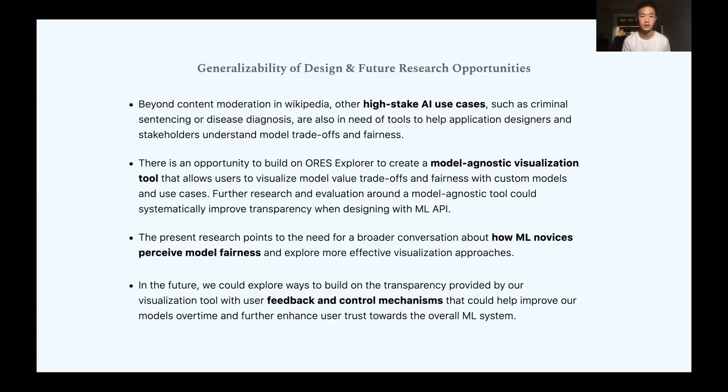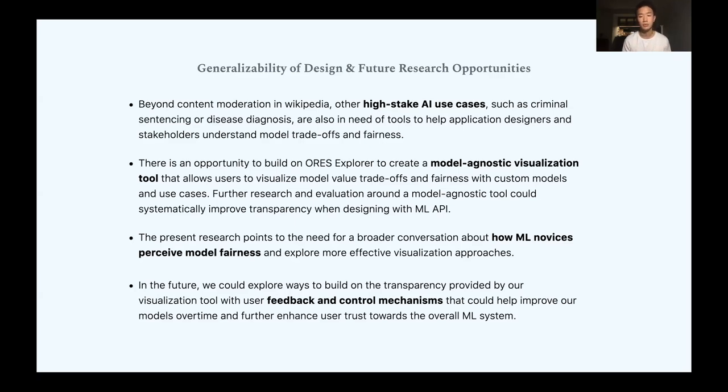And stakeholders, for example, including judges or doctors, that will work with the AI systems, they will also have an incentive to understand the trade-offs when setting those different thresholds, and also if the model has any fairness issues. There is opportunity to build on ORES Explorer and create a model-agnostic visualization tool that allows users to visualize model trade-offs and fairness with custom models and use cases.